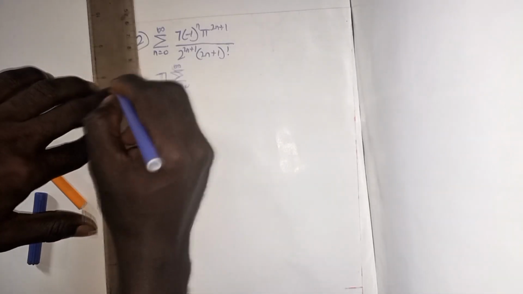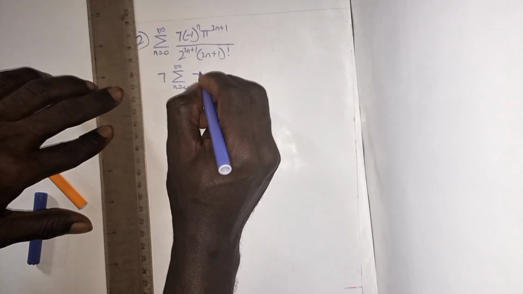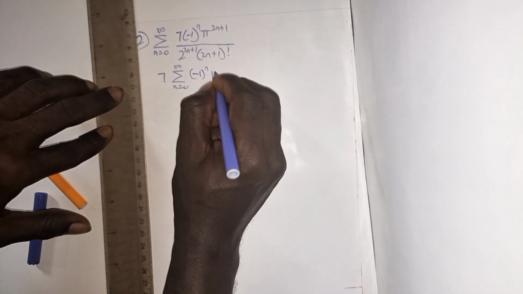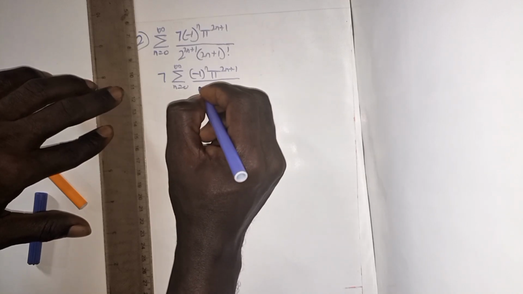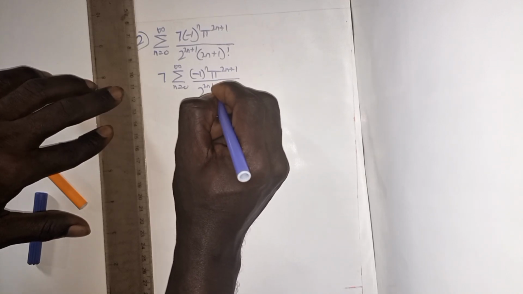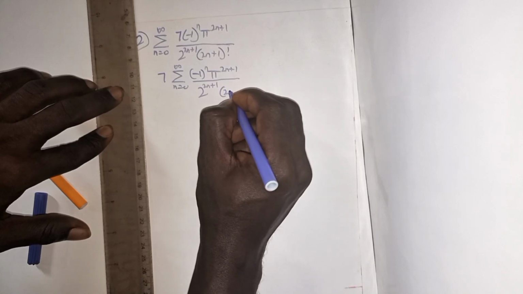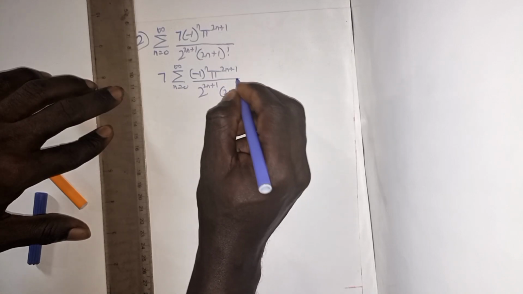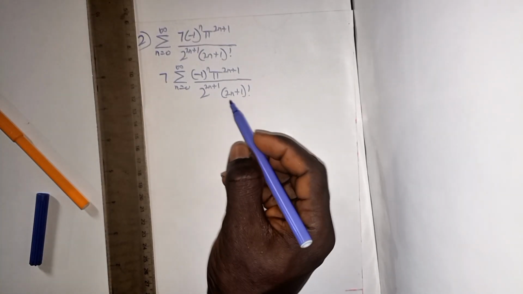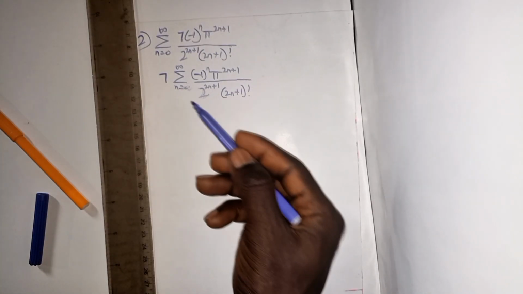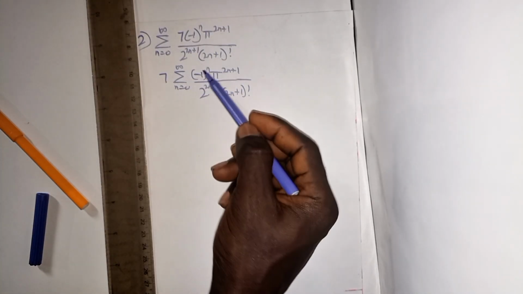Then we have the sum to infinity of this, pi to the 2n plus 1 all over 2 to the 2n plus 1, times 2n plus 1 factorial. So what again can we do? Let's try and do some manipulation.